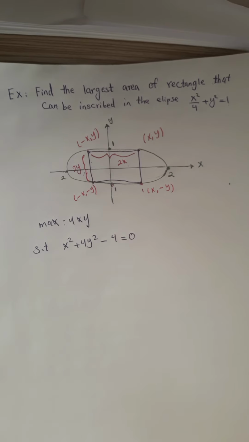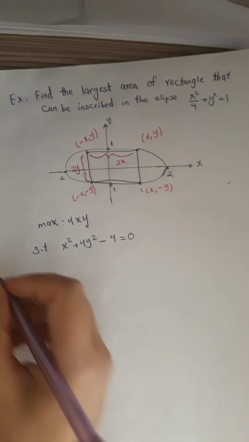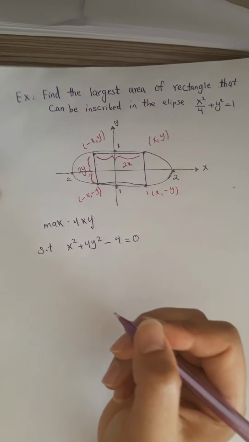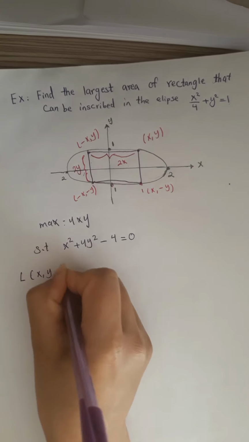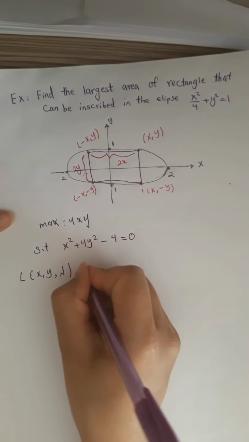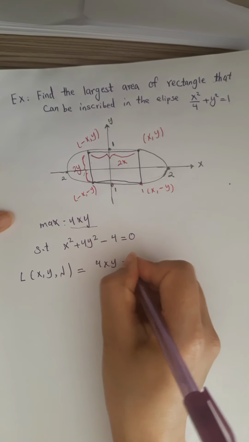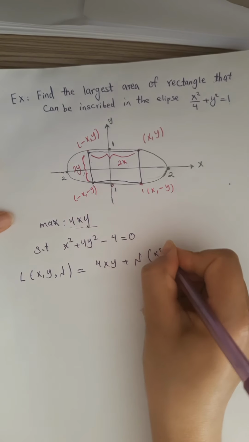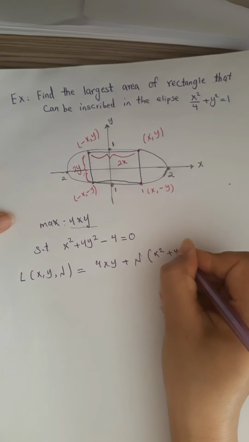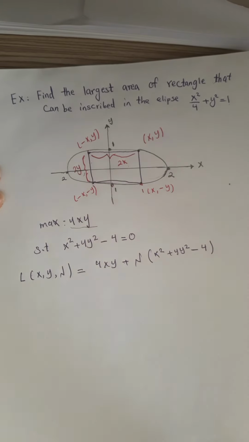And after that, as the rule of the Lagrange multiplier, L of x, y and lambda will be equal to the max value first, 4xy, plus lambda times x squared plus 4y squared minus 4. It was equal to like this.